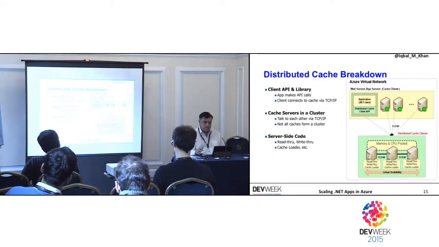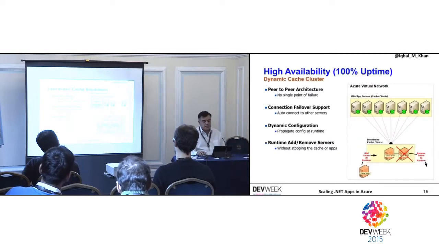These are just simple socket stuff. And there's some server-side code that you write that resides on the cache servers, on the cache cluster. And that is your read-through, write-through, cache loader, and a bunch of other code. So those are the pieces of a distributed cache that you should keep in mind.